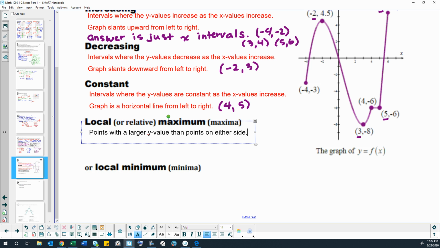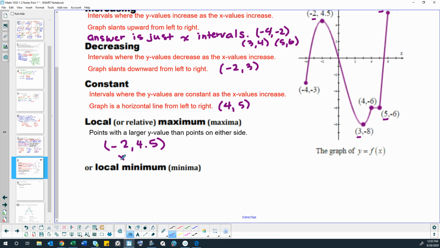Okay, so for example, on this problem, we definitely have a local maximum right here. For this particular thing, we're actually going to list the whole entire point, because it's where those points happen. So we have a local maximum at -2, 4.5.